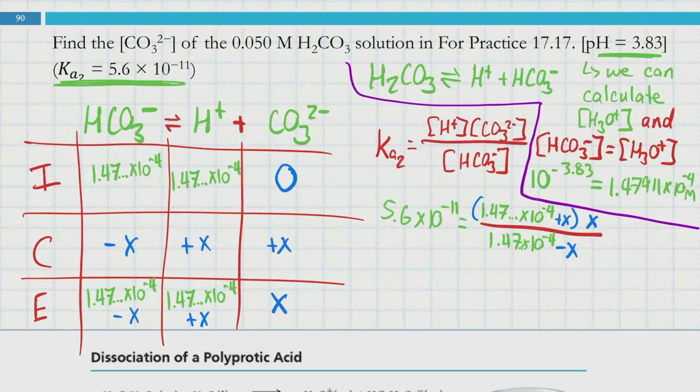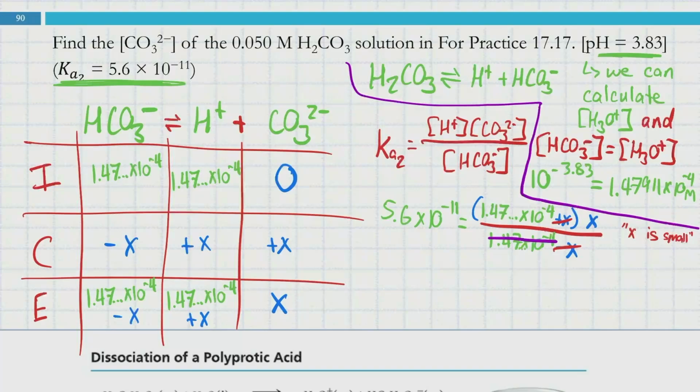And so our x is small approximation should work here. And since we've crossed out the plus x and the minus x, we've got 1.47 times 10 to the minus 4 on top, and we also have it on the bottom.